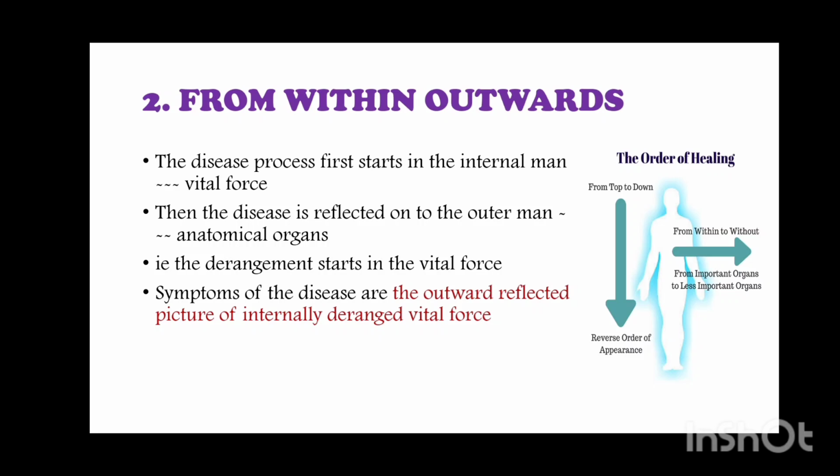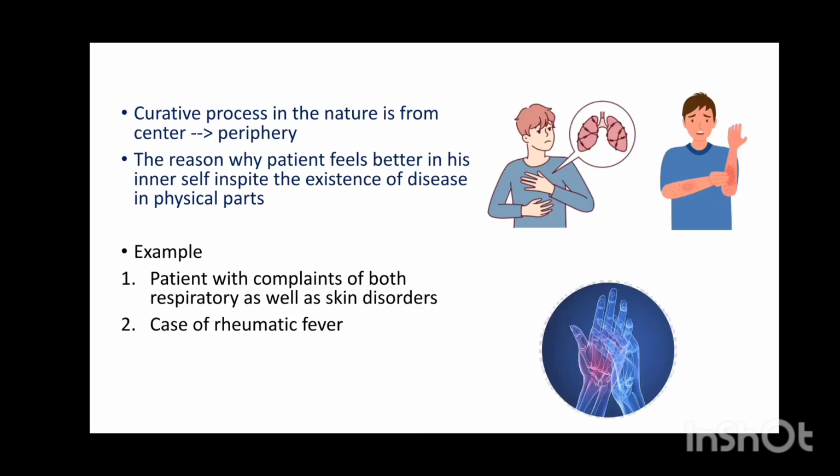A very good sentence given here. Please note, symptoms of the disease are the outward reflected picture of internally deranged vital force. Whatever the derangement or imbalance in the vital force, that will be reflected as disease in the external man. Coming to the next slide, the curative process in nature is from center to periphery.